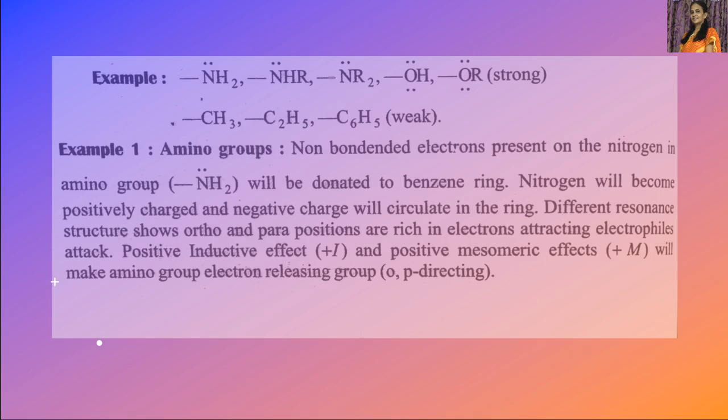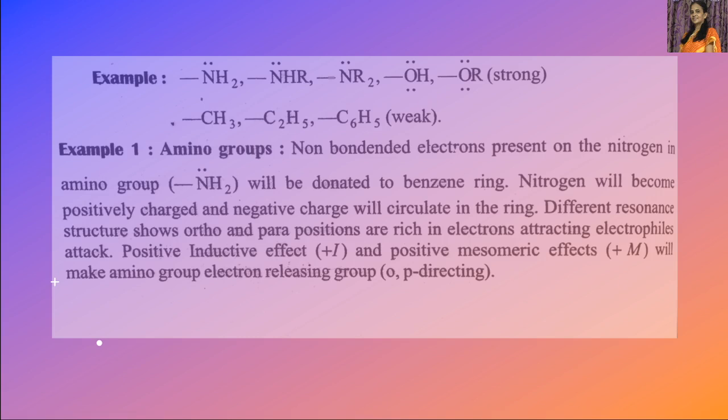Now here we are considering the amino group, NH2, as the first substituent on the benzene ring. The non-bonded electron pair present on the nitrogen in the amino group will be donated to the benzene ring. So nitrogen will become positively charged and the negative charge will circulate in the ring.